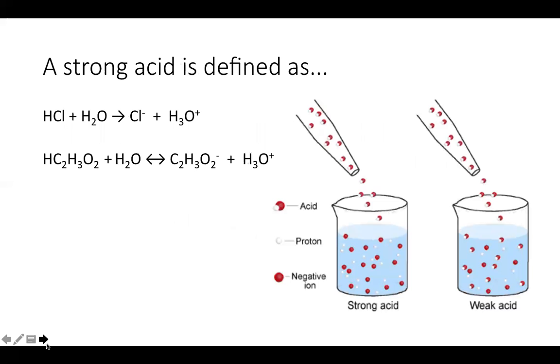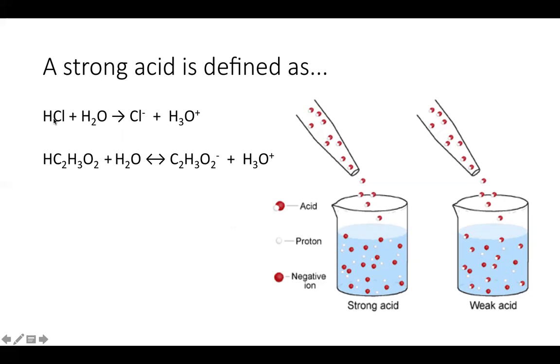This was the question that some people had expressed some confusion on. And how is a strong acid defined? Basically it just means a strong acid is simply an acid that completely dissociates, okay? So notice here, this one-way arrow pointing to the right. HCl, hydrochloric acid, is one of our strong acids.